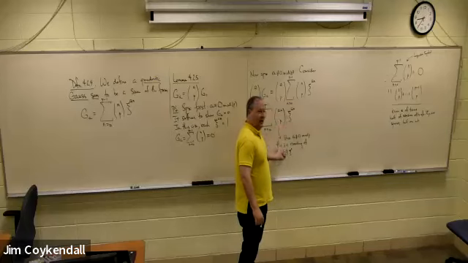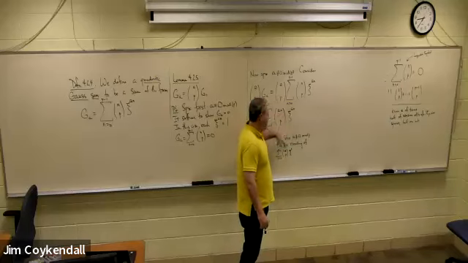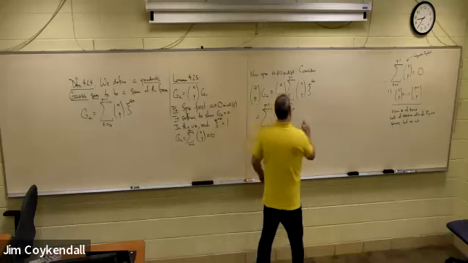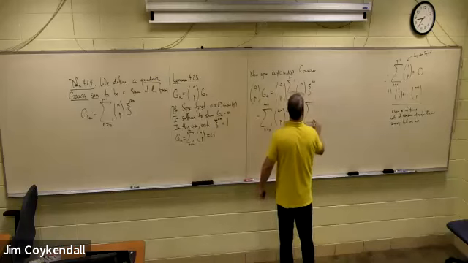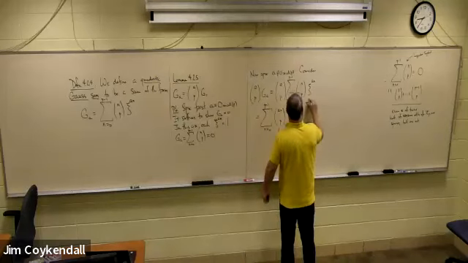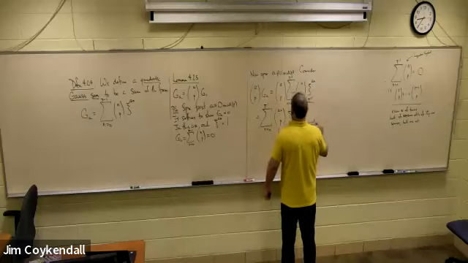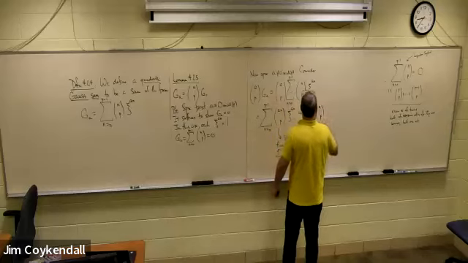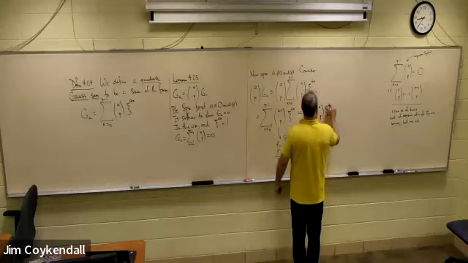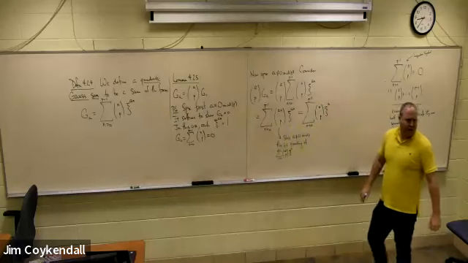They're just perhaps written in different orders, unless, for example, a is one, but if a is two, it just kind of reorders things. Is everybody clear on that?